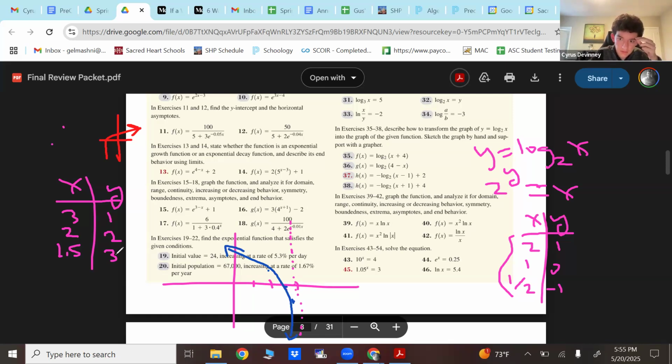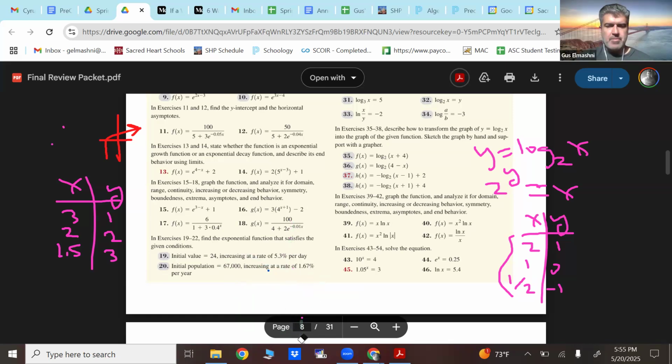Okay, so 37 and then again, for 38. Wait, hold on. I'm just gonna graph 37 real quick. Well, sure, take your time. You're good. Take your time.